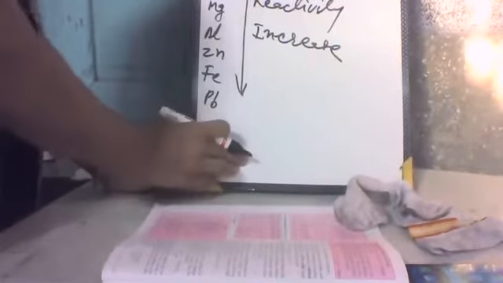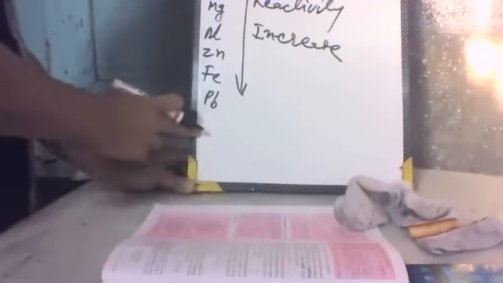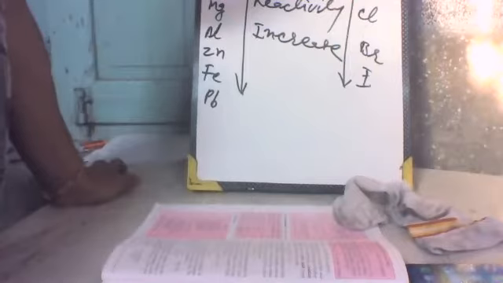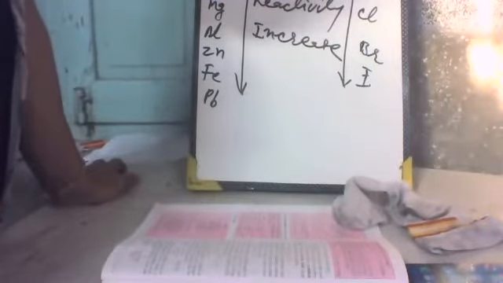These are the electropositive elements, and here are the electronegative elements: fluorine, chlorine, bromine and iodine. Same thing is here, but when we go downwards in the periodic table, there is a change in this: the reactivity decreases.